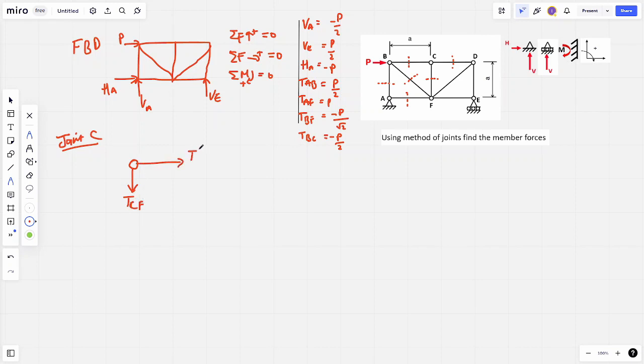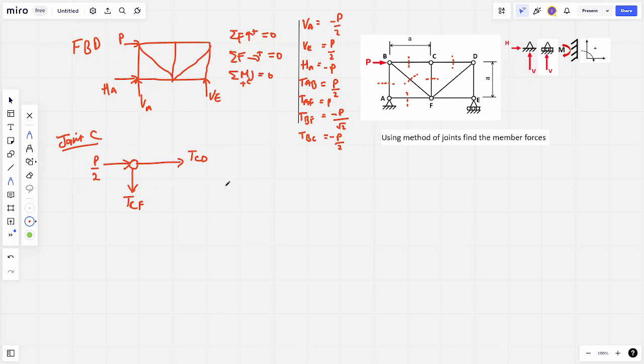We've got the tension between C and D, which is unknown. And we've got TBC, which we've just worked out as negative P over 2. That's going to be pointing inwards as it's negative, so our assumption of tension is actually compression. So that's P over 2.